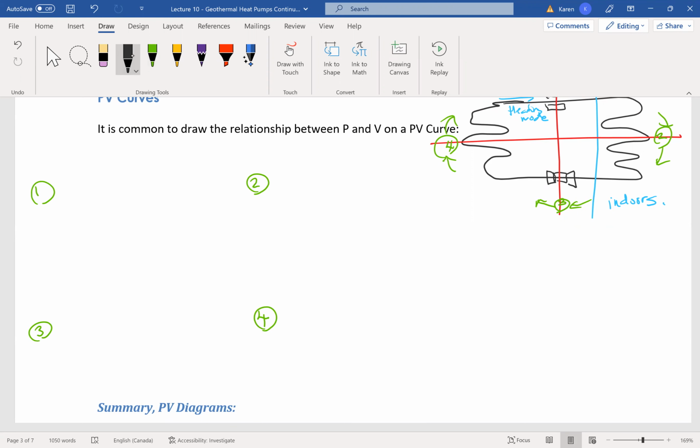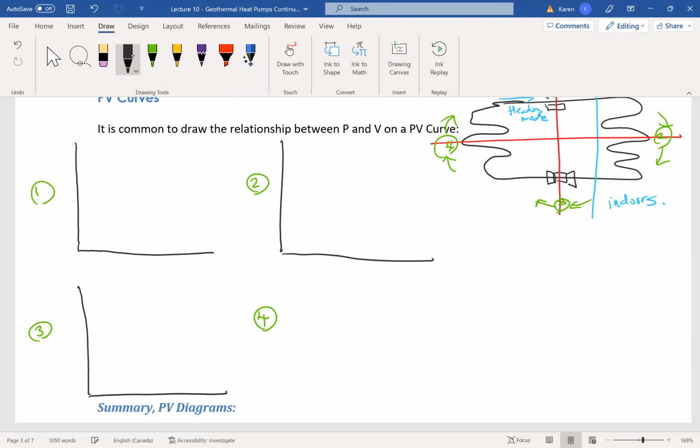All right. And how this is going to relate to your final exam. Would you like to know how this relates to your final exam? On your final exam, I'm going to ask you, what can we change about this pressure volume relationship to make a more efficient compressor?